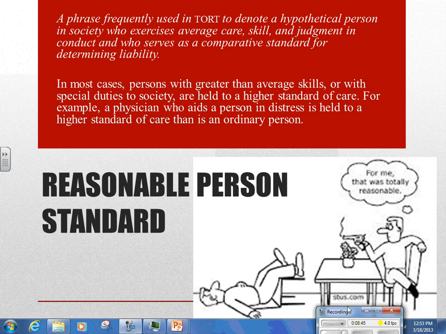Okay, in most cases, persons with greater than average skills or special duties to society are held to a higher standard of care. So the example is a physician, okay, who has exceptional skills. A physician, a doctor, has more skills than the average bear, or even a doctor bear.